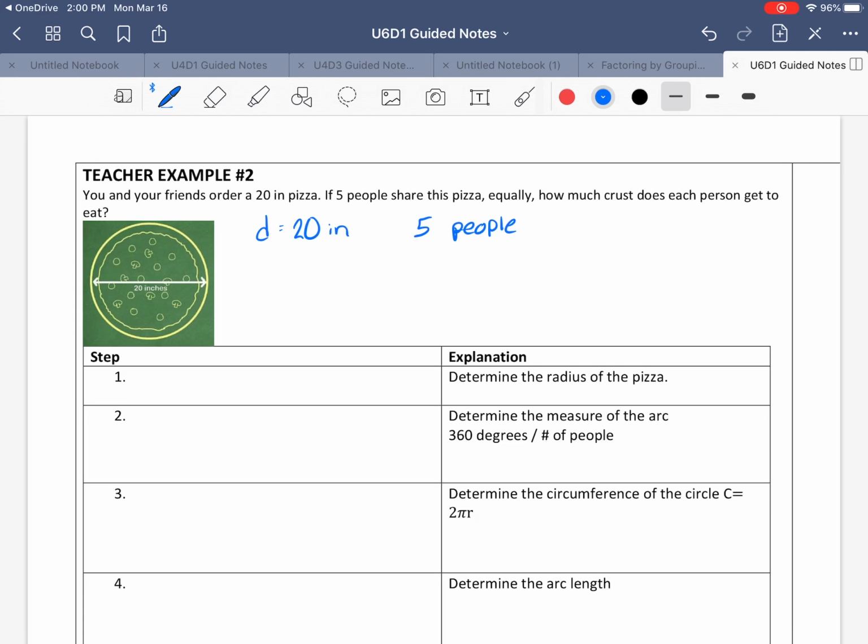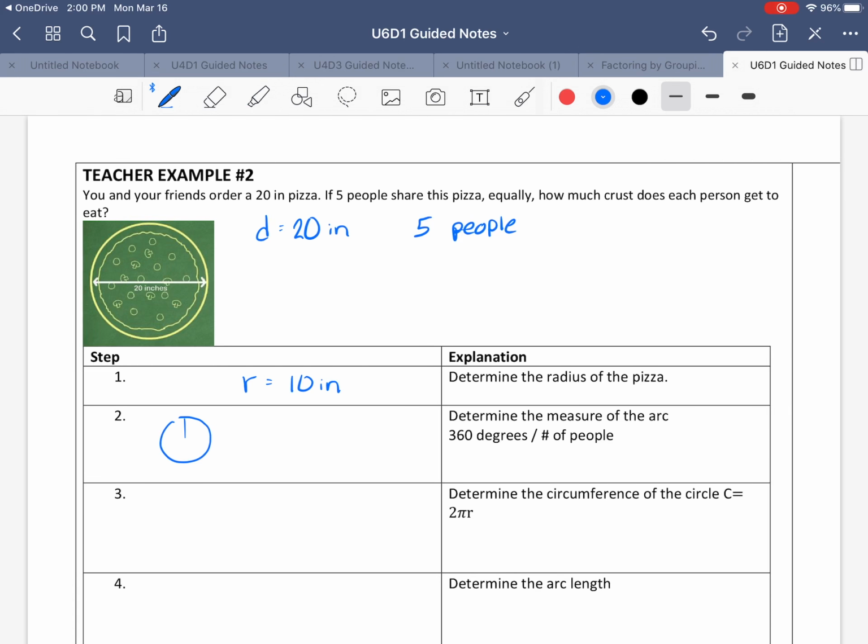All right, first thing we have to do is determine the radius. We know that the relationship between radius and diameter is that the radius is half of the diameter. So here, the radius will be 10 inches. In order to determine the measure of the arc, we have to think about, well, there's 360 degrees in a circle, and there are 5 people.